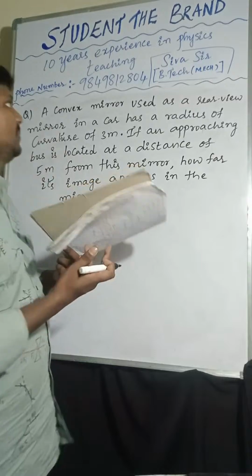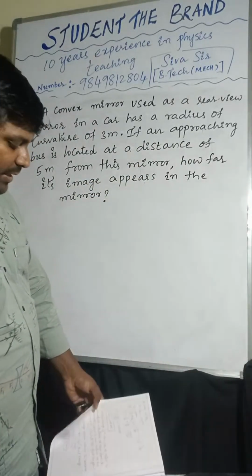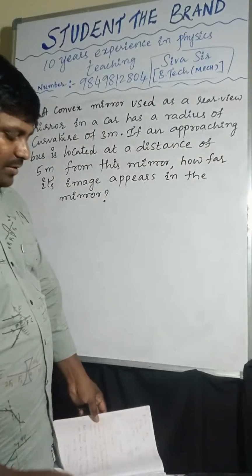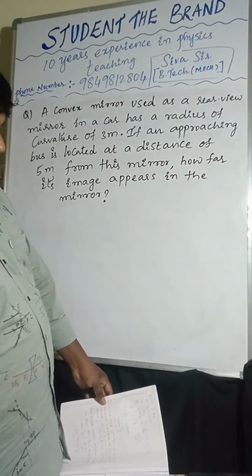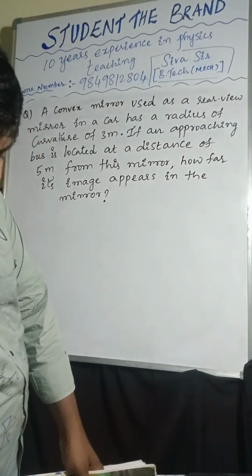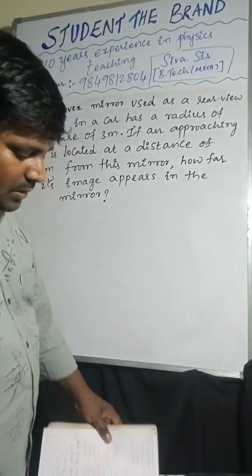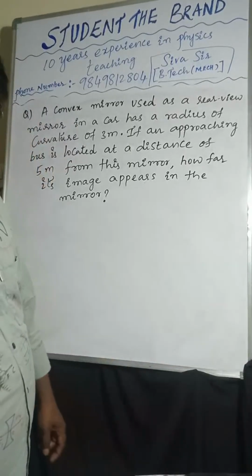A convex mirror is used as a rear view mirror. The question is, a convex mirror is used as a rear view mirror. What do we have to find out? We have to find out the image distance. Correct?